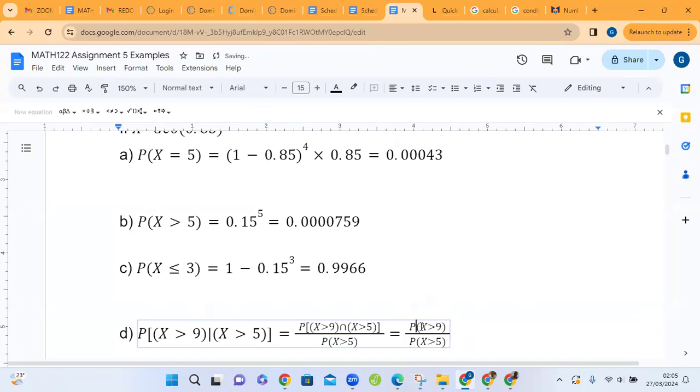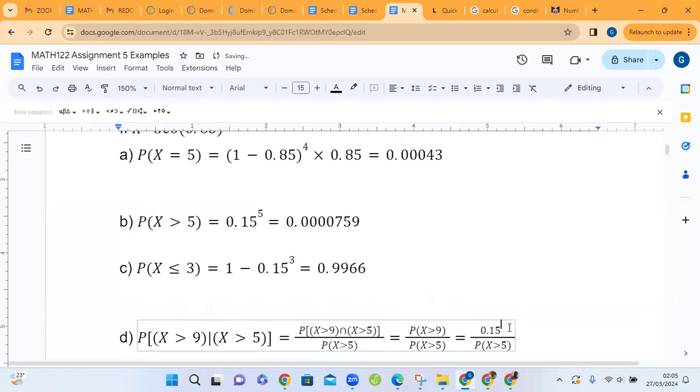Now, more than 9 is q raised to the 9, and more than 5 is q raised to the 5. So that would be 0.15 raised to the 9 over 0.15 raised to the 5.